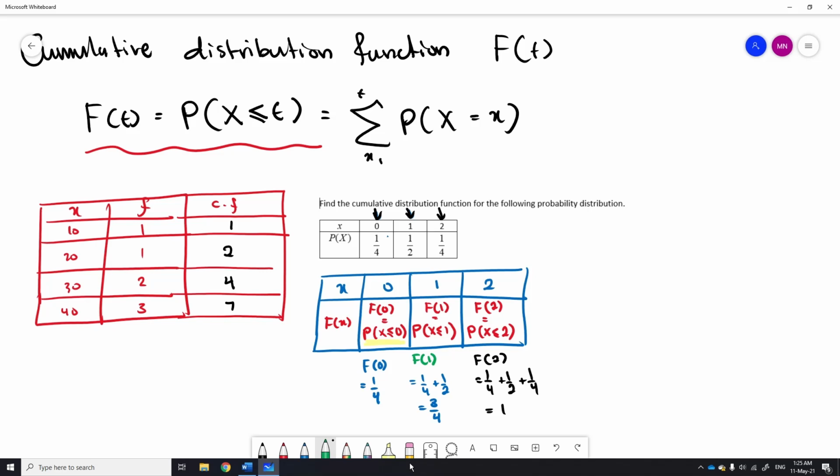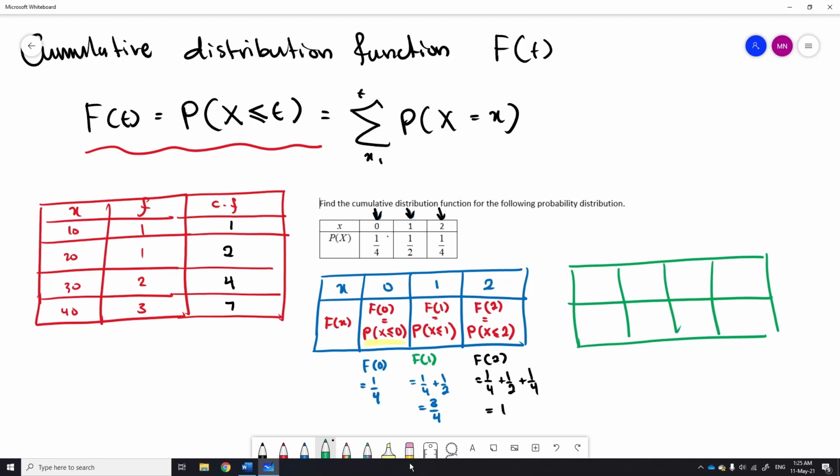Now we rewrite this table since we have the value. So x is 0, 1, 2 and F(x) becomes 1 over 4, 3 over 4 and 1.